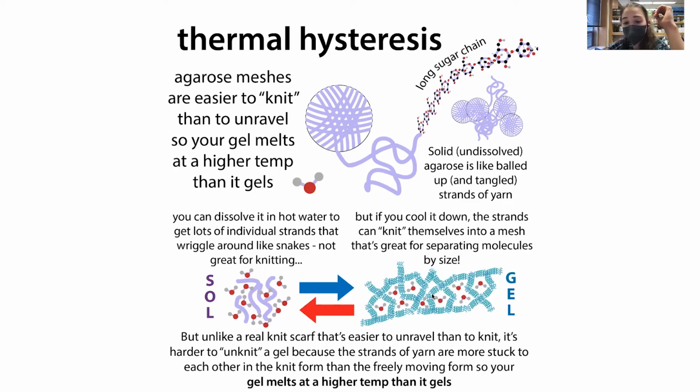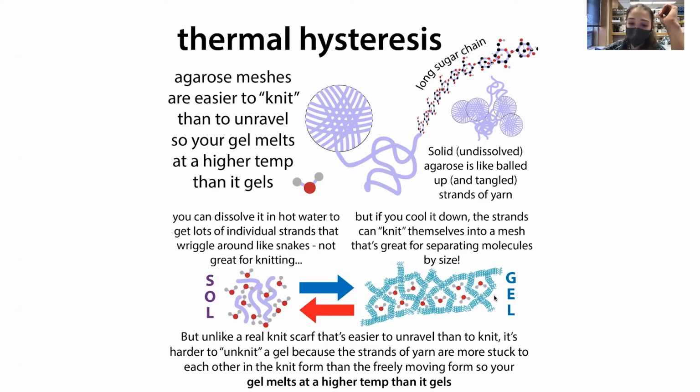So when they're in this gel form, it would take a lot more energy to come apart from one another than if they're already apart from one another. They can move all around, whereas here they can't really move all around. It's harder to overcome all of these attractions.